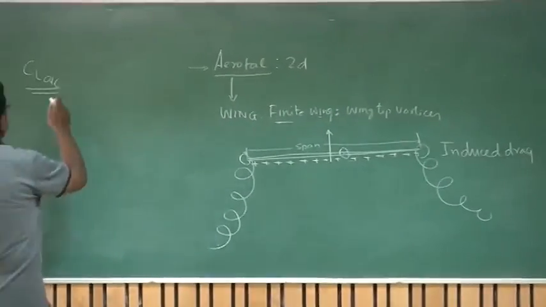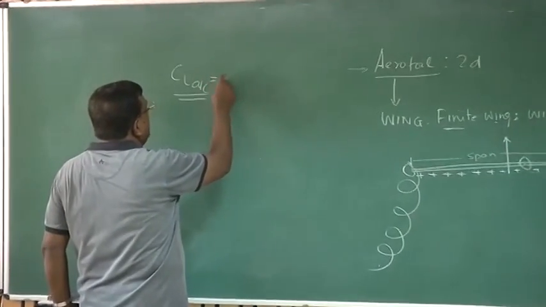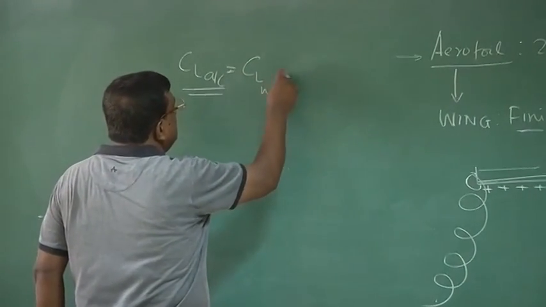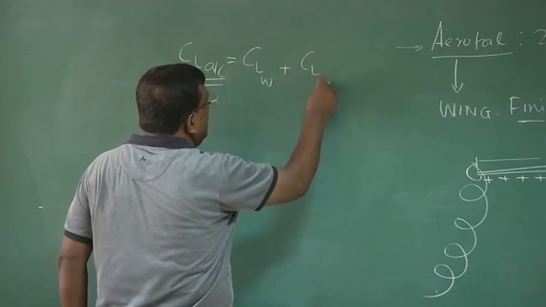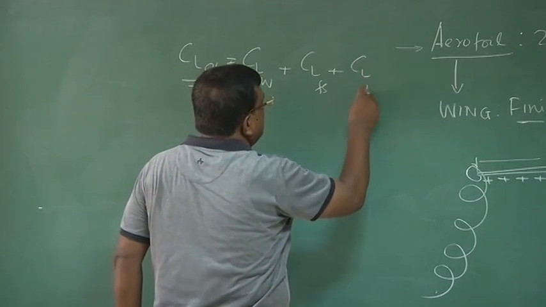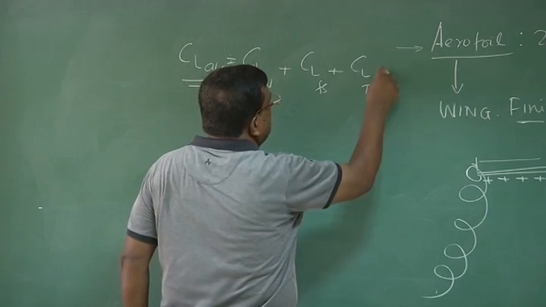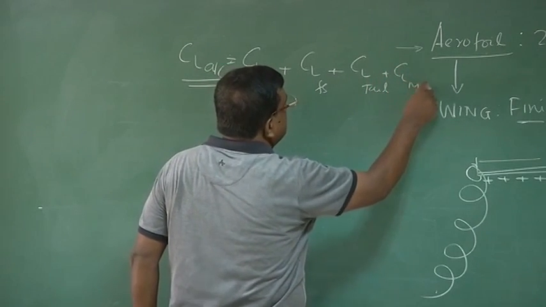Now for CL alpha of the aircraft, or CL of the aircraft, we write CL because of wing, CL because of fuselage, CL because of tail, plus CL because of miscellaneous components.